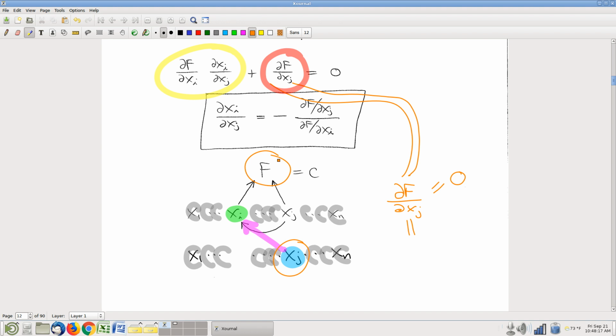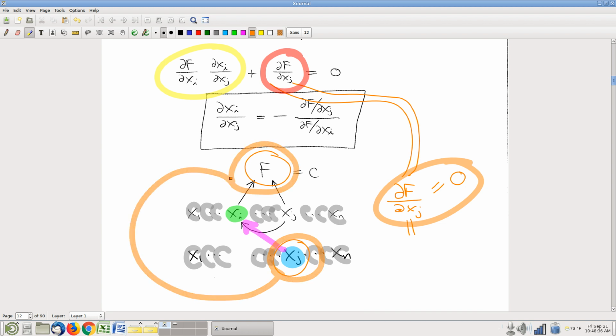We don't want to conflate the partial of f with respect to xj there, which is, I think, what you're asking, right? Versus the partial of f with respect to xj kind of here. There are these two different xj's, and what I'm computing here, when I say is equal to 0, is the partial of f with respect to the first xj, that xi is a function of.